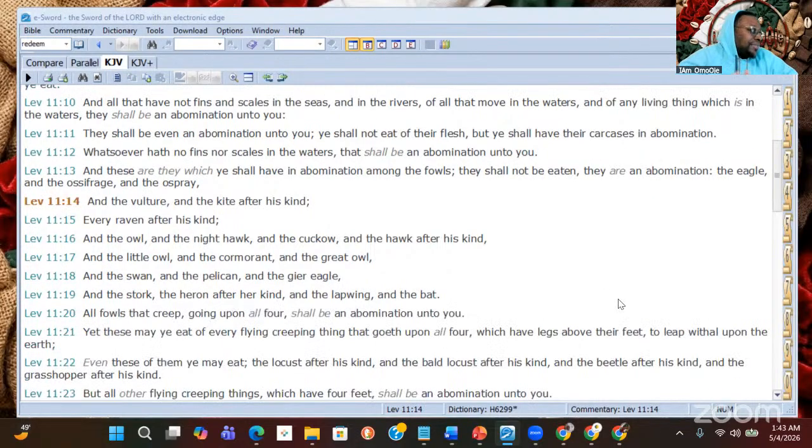Every raven after his kind, and the owl, and the night hawk, and the cuckoo, and the hawk after his kind, and the little owl, and the cormorant, and the great owl, and the swan, and the pelican, and the gier eagle, and the stork, the heron after her kind, and the lapwing, and the bat.